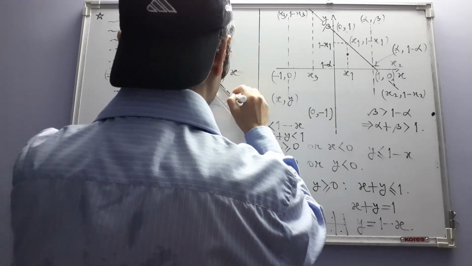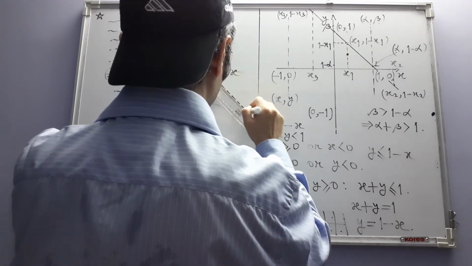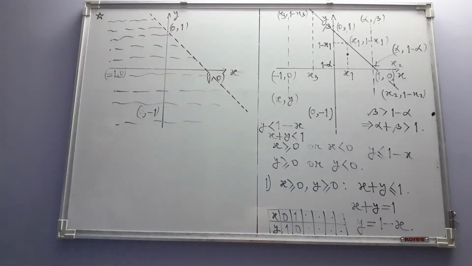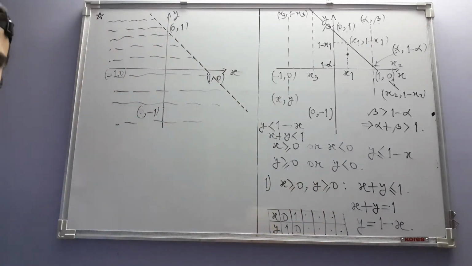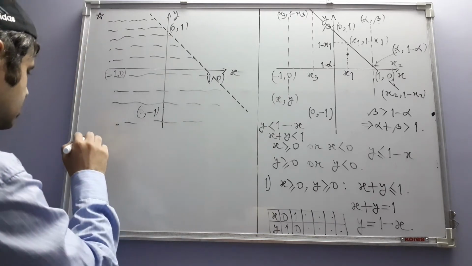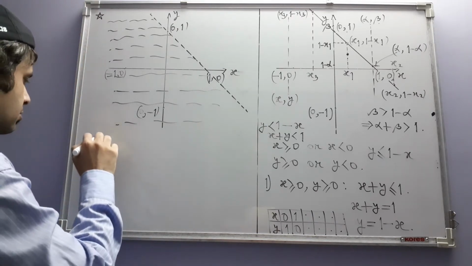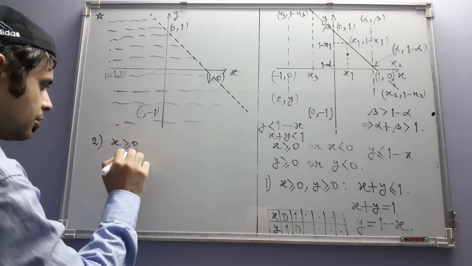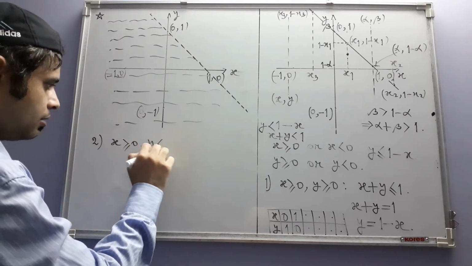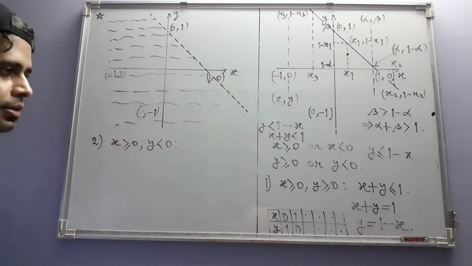We have other cases also to consider. So it's the first case where x and y are both non-negative. Let's now consider another case. Say x is non-negative and y is negative.